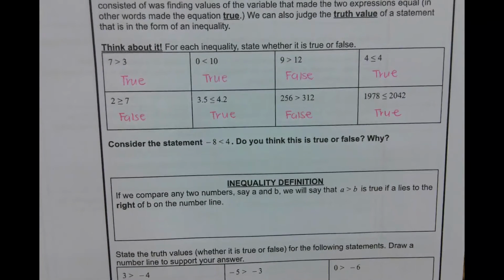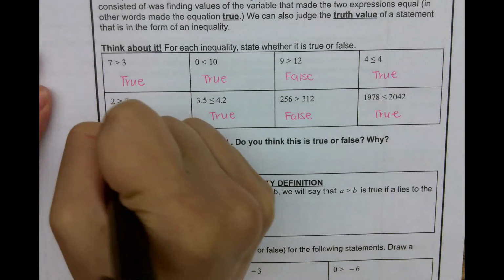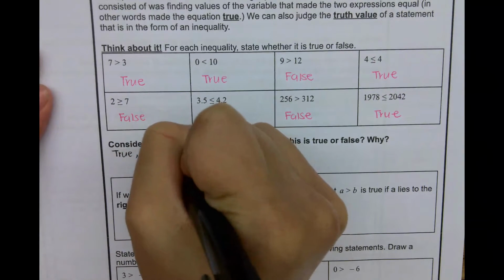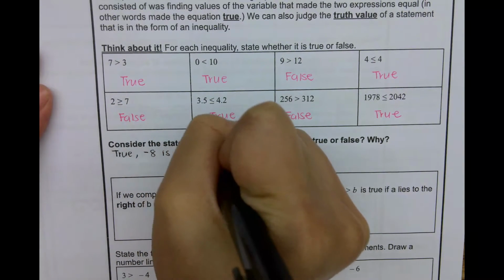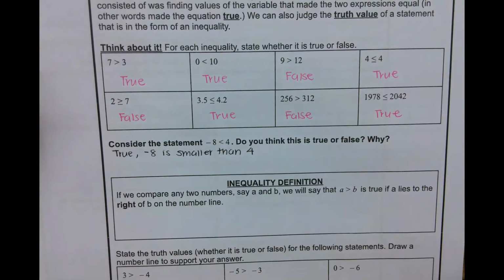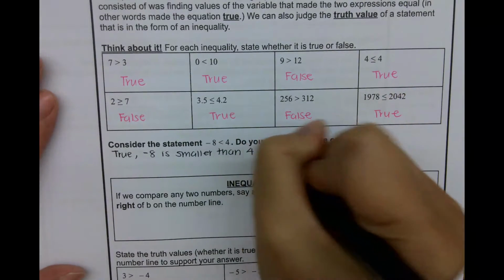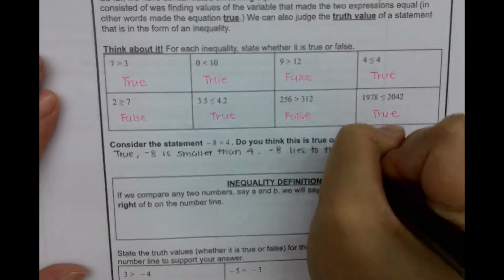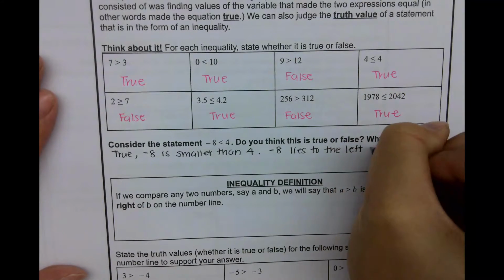Okay, so consider the statement: negative 8 is less than 4. Do you think this is true or false, and why? Hopefully you know that this statement is true. Negative 8 is smaller than 4. And the reason why is because negative 8 lies to the left on the number line.